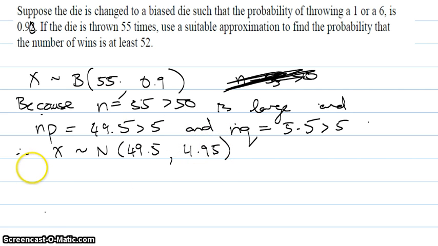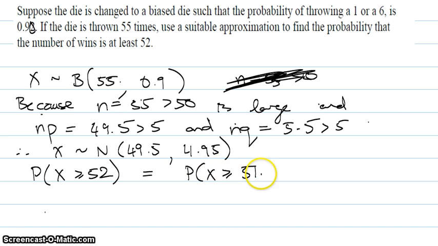And so I'm asked to find the probability that the number of wins is at least 52, bigger than or equal to 52. Well, this is approximately the probability that X is bigger than or equal to 51.5 in the normal distribution, so from 51.5 to infinity.